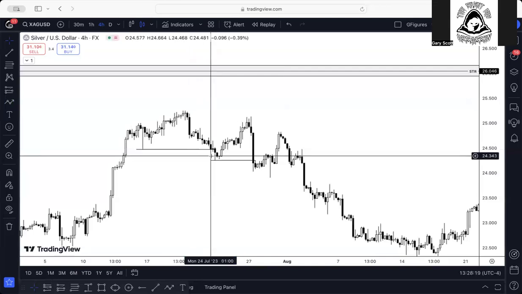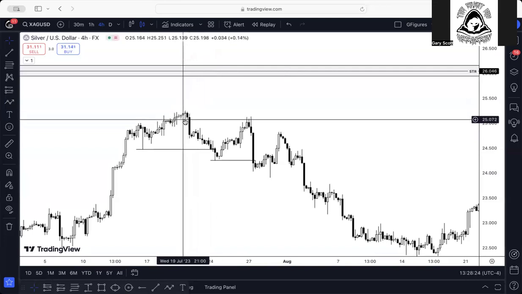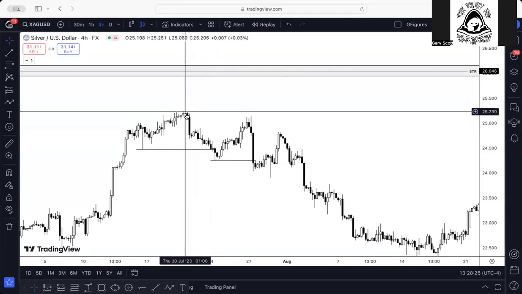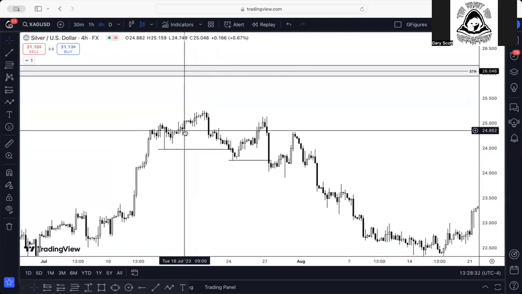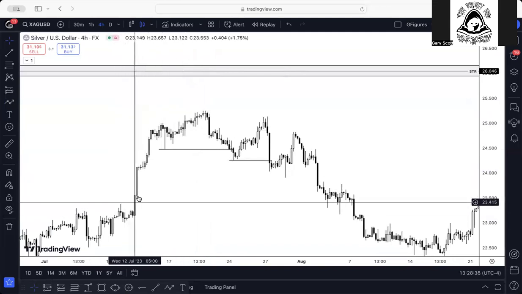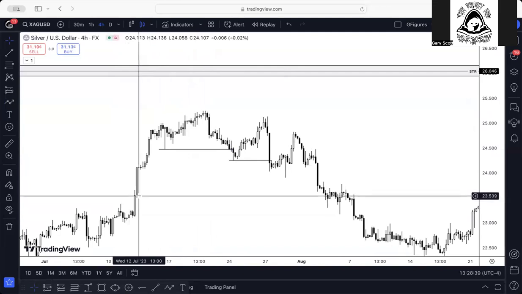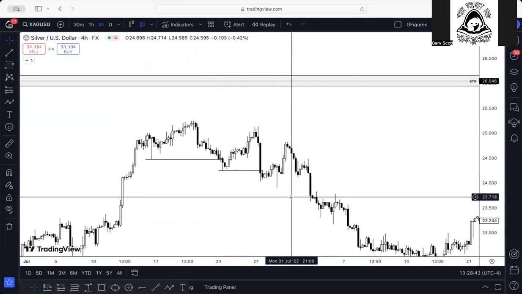And doji candlesticks, candlesticks that have little to no body but long wicks, are also considered order blocks as well. So even when you're in an uptrend, pay attention to those doji candlesticks before price breaks structure, because those are also order blocks.